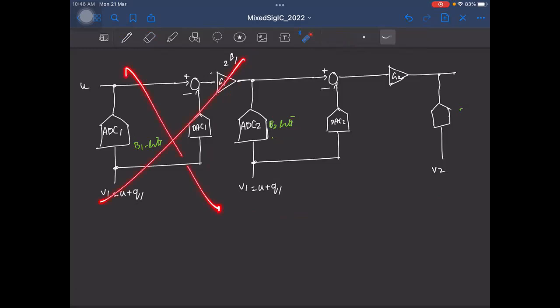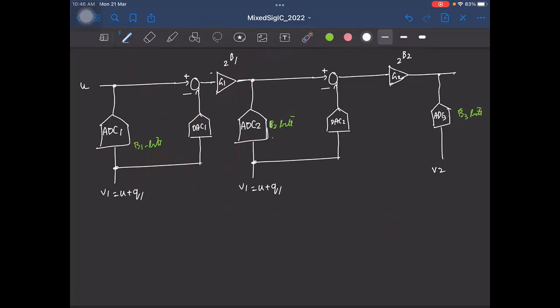I had only this portion. So this ADC is B2 bits. So what should be this gain? 2 power B2. Okay, so this will be ADC3, and let's say this has B3 bits. Again, in practice, you can have the same ADC here. I'm just showing different resolutions to see how each one affects the output. That's all.